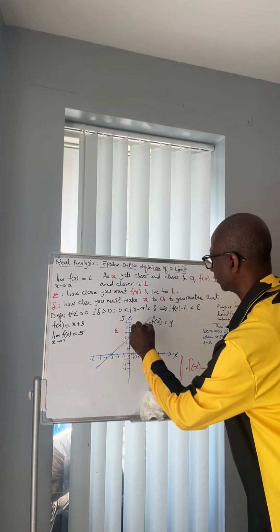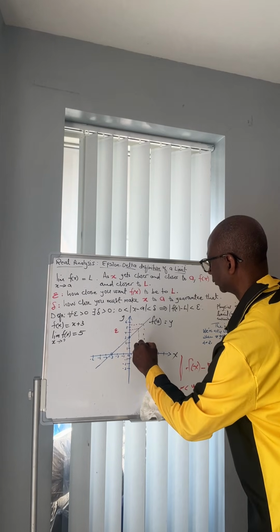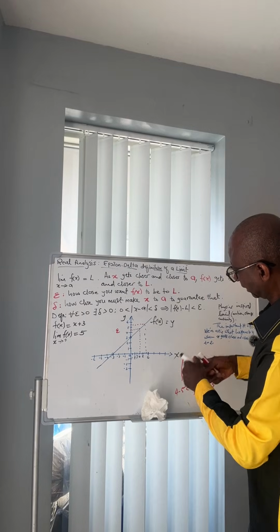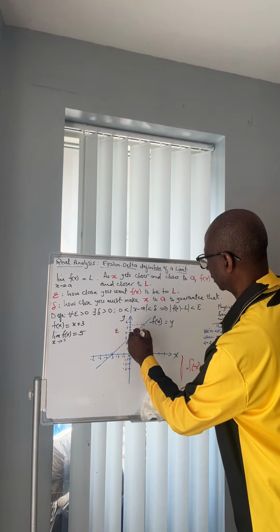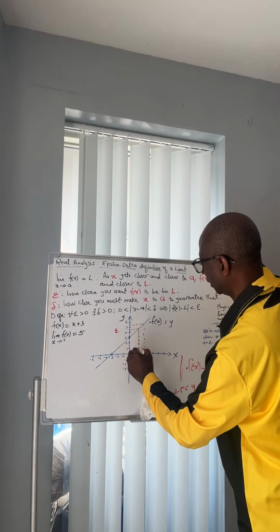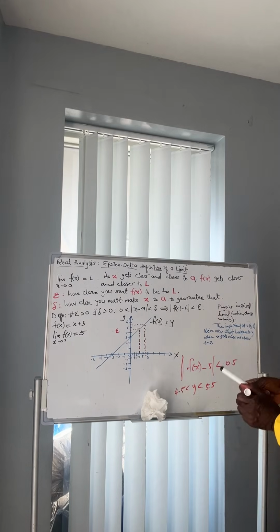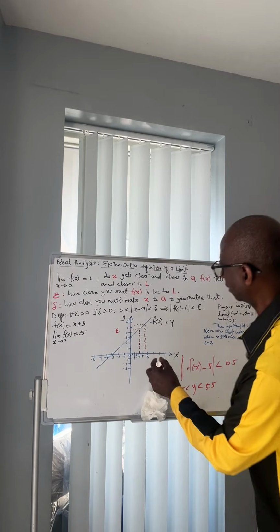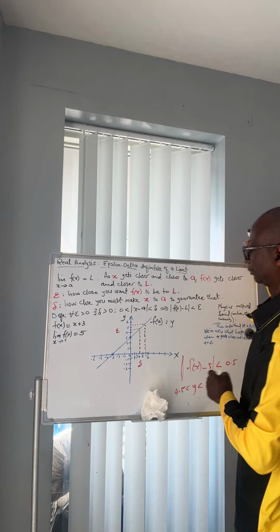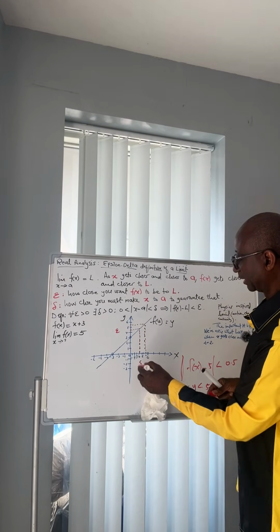On the x-axis. See that? That gap is what you want. If I had drawn this graph to scale, you could see that. So this is now our delta.